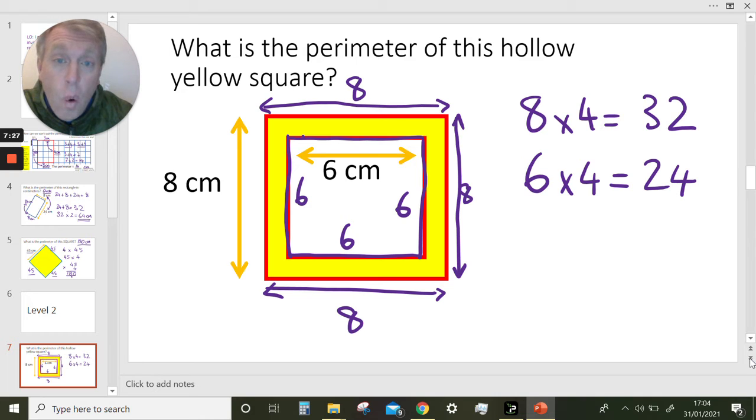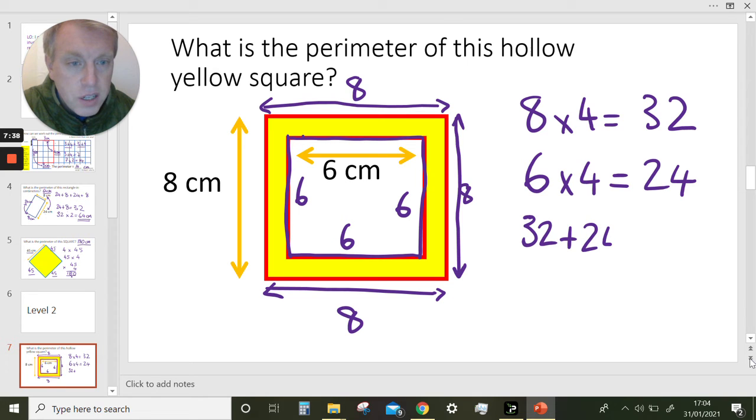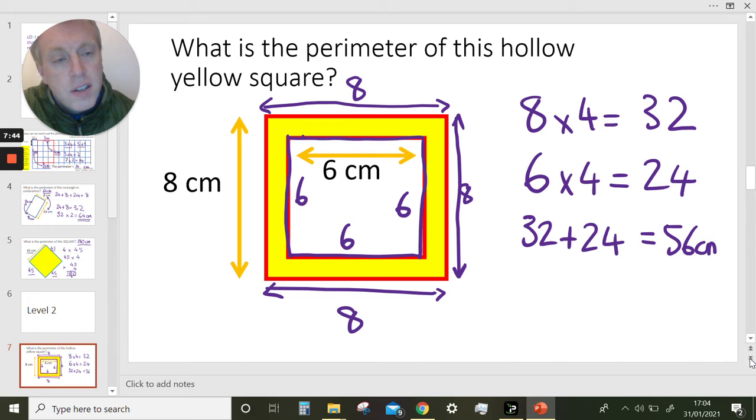We need to find all of the perimeter, the outside and the inside, so it's going to be 32 add 24, well, 30 and 20 is 50, 2 and 4 is 6. 56 centimetres.